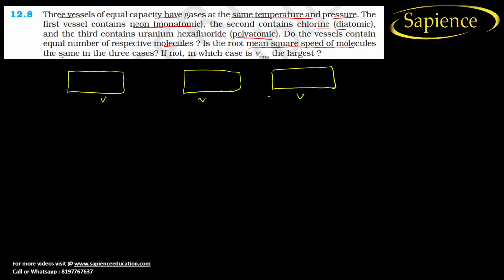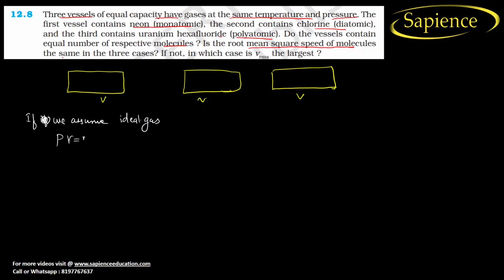So let us go for this. There are three vessels, and all are of equal capacity, that is, the volume will remain the same. Do the vessels contain an equal number of respective molecules? If we assume an ideal gas, then what will happen?